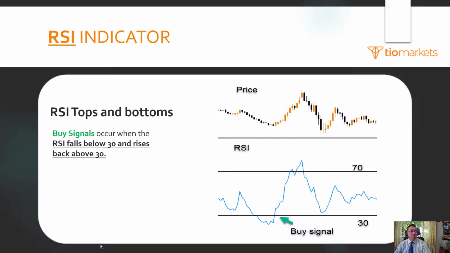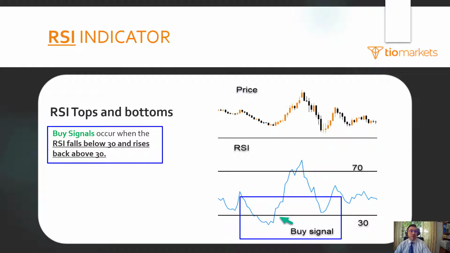RSI tops and bottoms: buy signals occur when the RSI falls below 30 and rises back above 30. Here's our buy signal. This is RSI falling below 30.